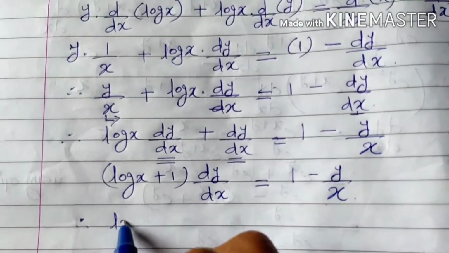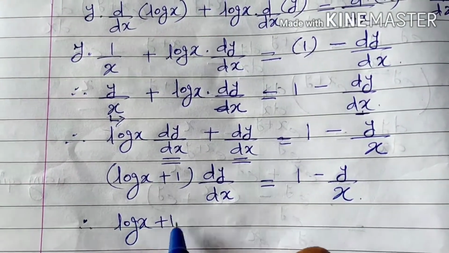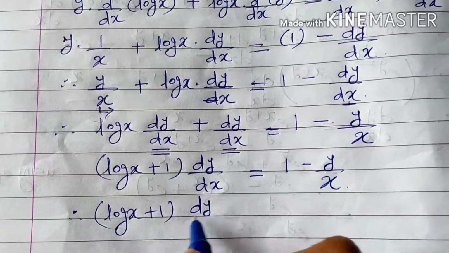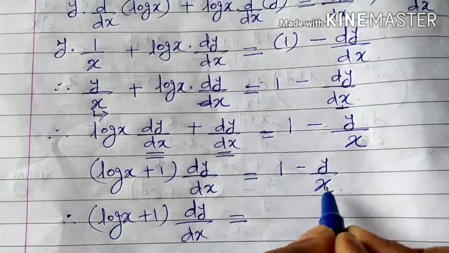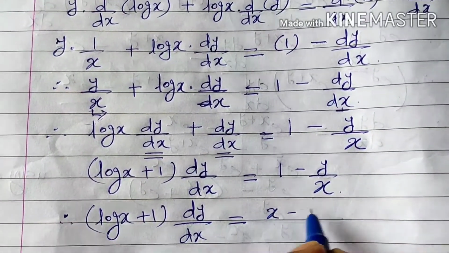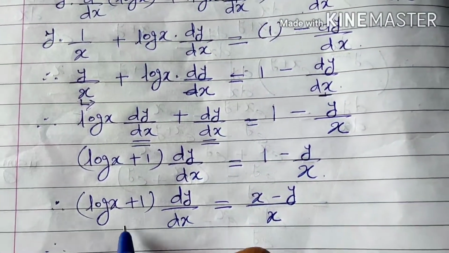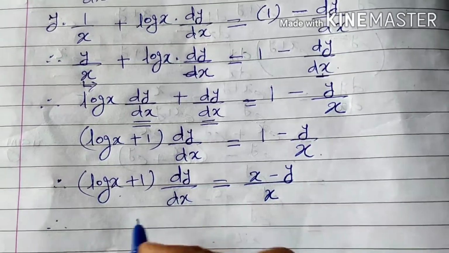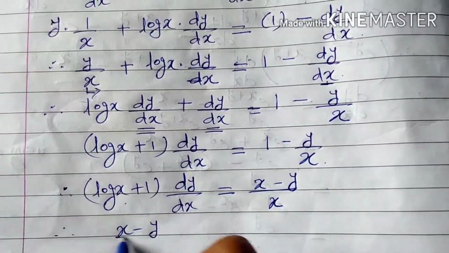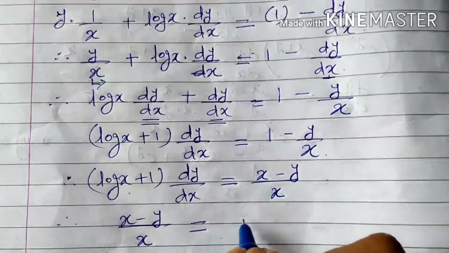Therefore log x plus 1 as it is, dy by dx. Now cross multiply, so it is x minus y upon x. Therefore it is a multiply term, so it goes to RHS, then it will become a divide term.